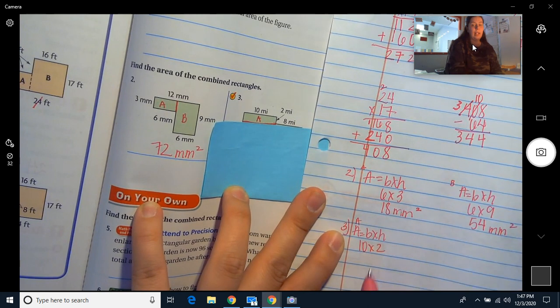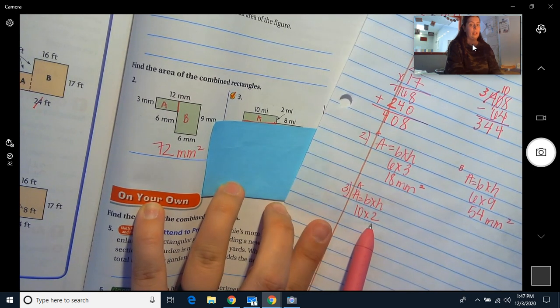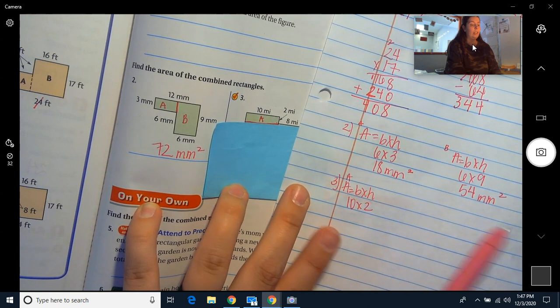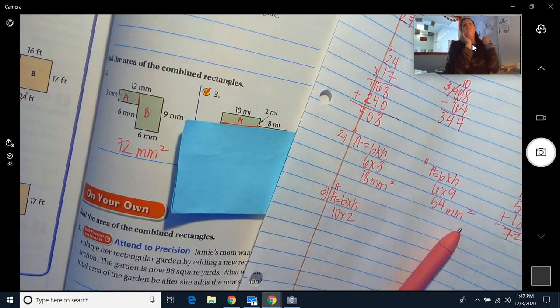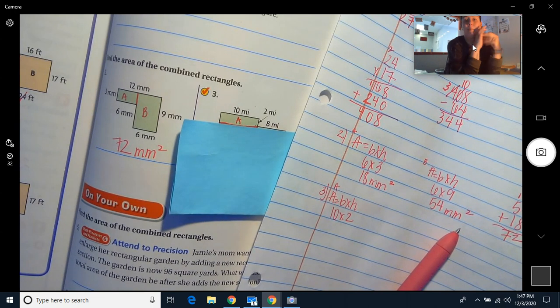I want you to work out the rest of the problem. I'll ask for an answer here in a moment, okay? Make sure you have your label correct as well. So you work. I'll give you a couple seconds, then we'll go over it.